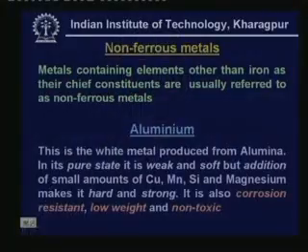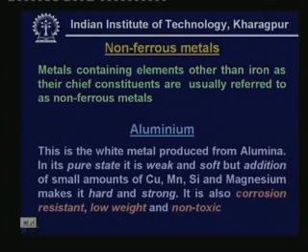Now, out of the non-ferrous metals, another one, just like steel, that we see in our everyday life is aluminium. What is aluminium? Aluminium is a white metal produced from alumina.